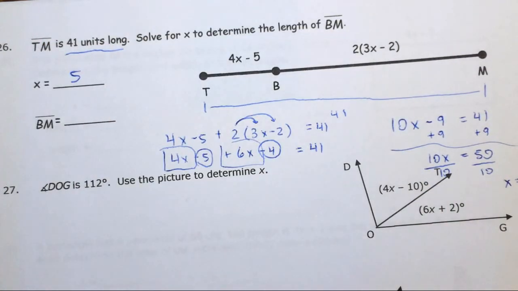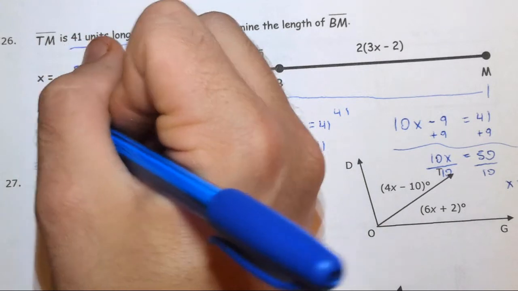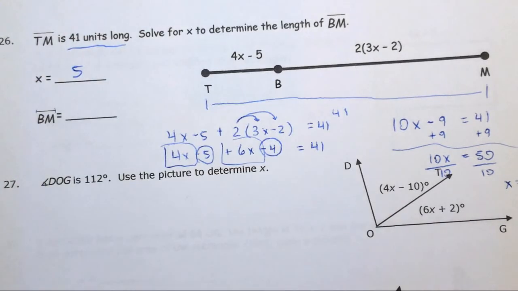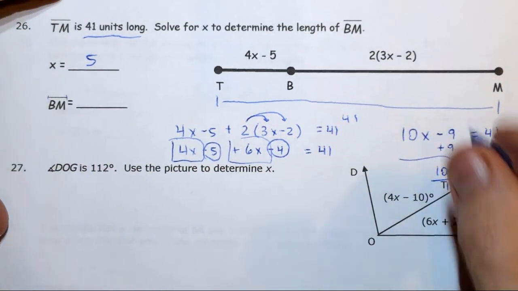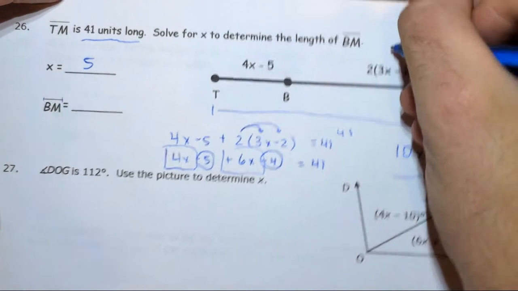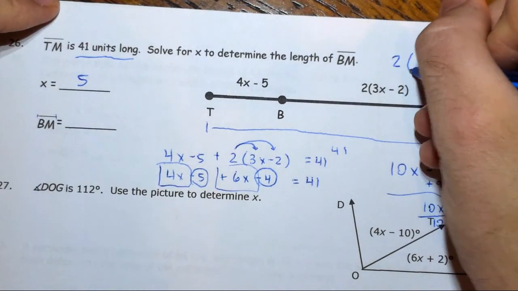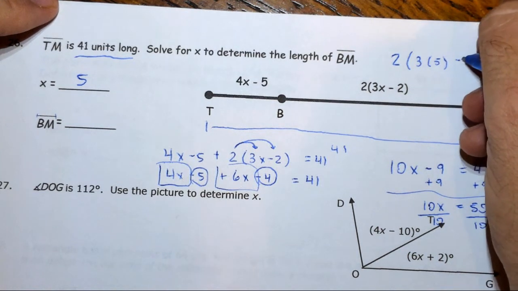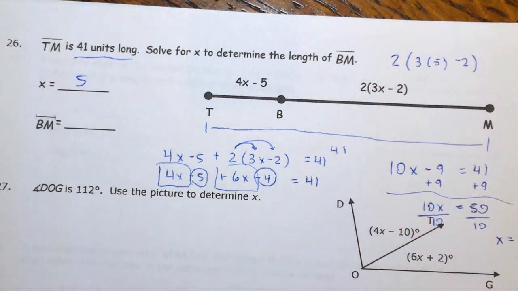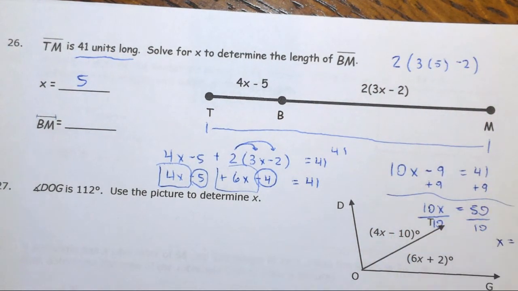Alright, well now I want to find the length of the line segment. Remember, this is what I was talking about in the vocab. Line segment BM. Well, B starts here all the way to M, so I plug in a 5, so I have 2 parentheses 3, and then another parentheses for my 5 minus 2. And again, if you wrote it like that, you can type it right into the calculator.